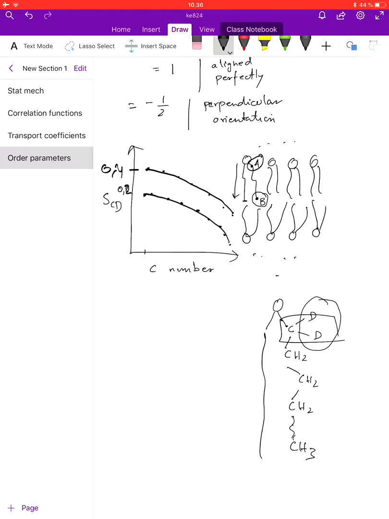In the next experiment, you could replace these by hydrogen atoms. So this now becomes hydrogen, and these two become deuterium. And then you can measure the NMR splittings for this particular carbon.